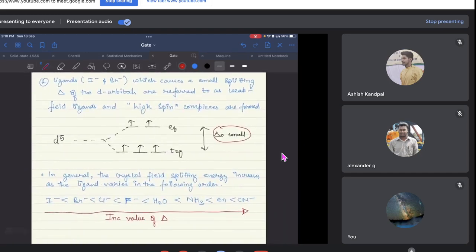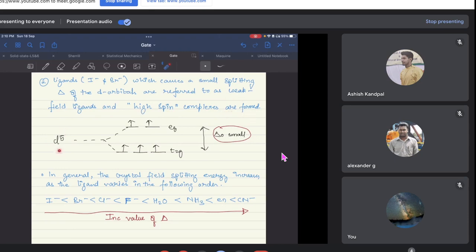Now coming to the weak field ligands, such as iodide, I negative, and Br negative, these cause a small splitting delta of the d orbitals, and a high spin complex will be formed.